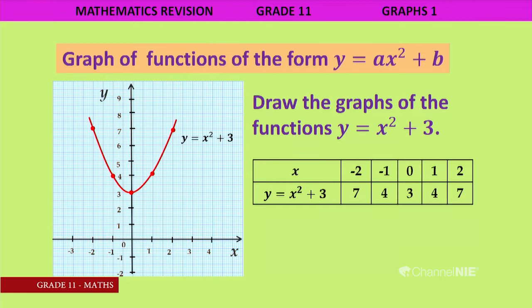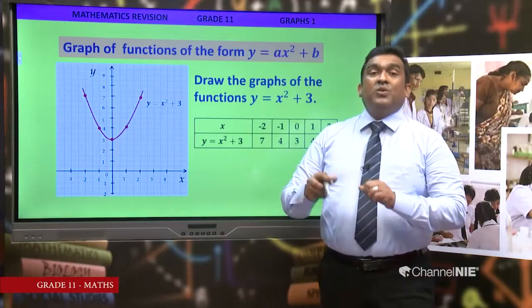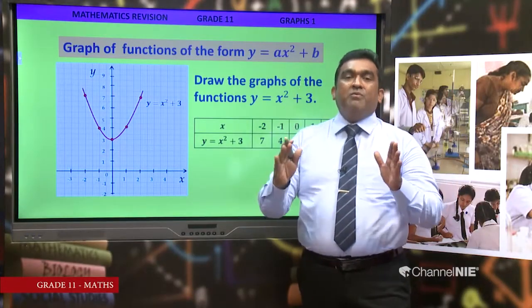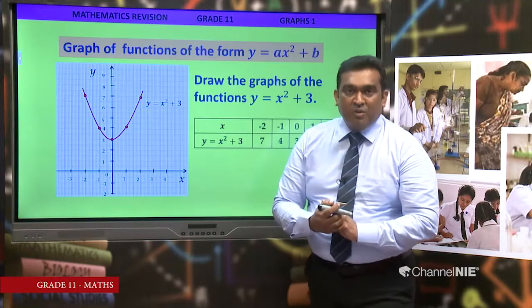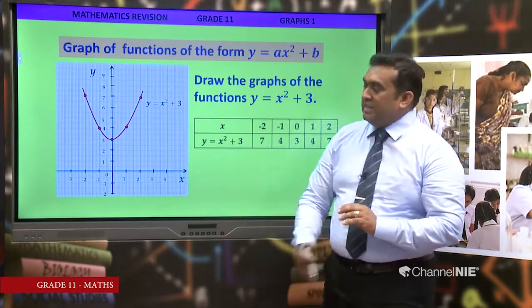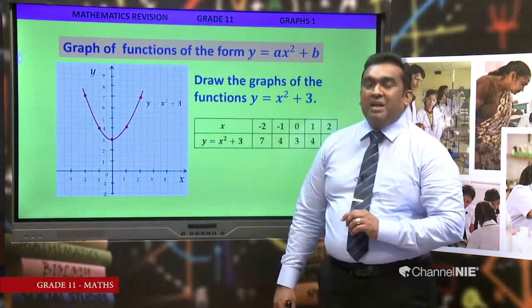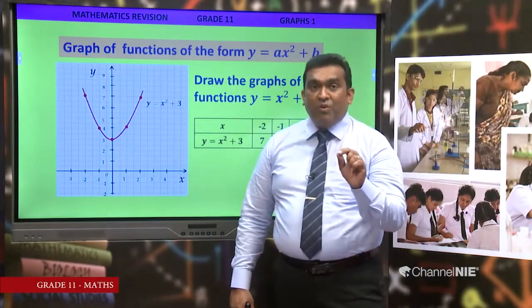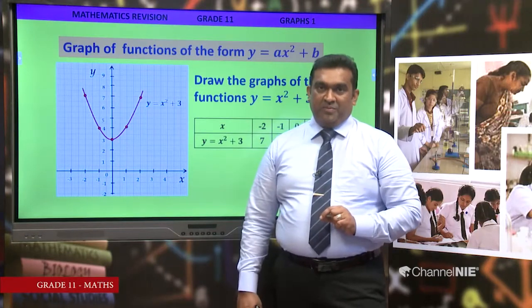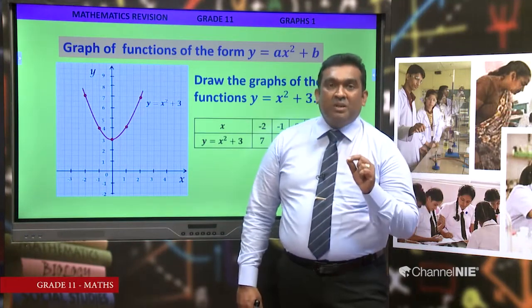Here plus 3, the y coordinate is also 3. Here b is a constant value. This constant value represents the maximum value or minimum value of the curved line graph. This is a minimum curve, therefore 3 is the minimum value of the function in a minimum curved line graph.